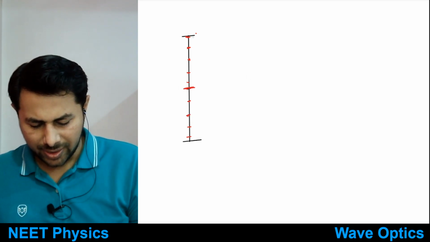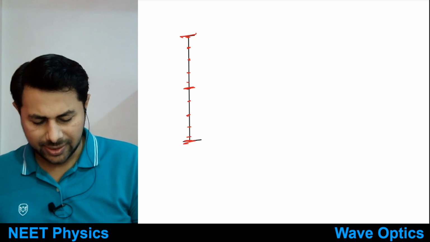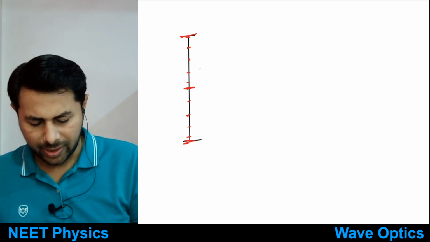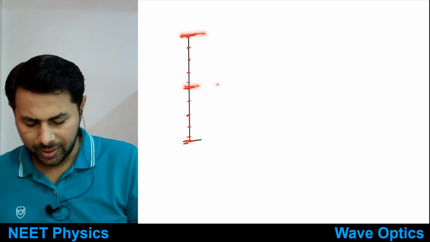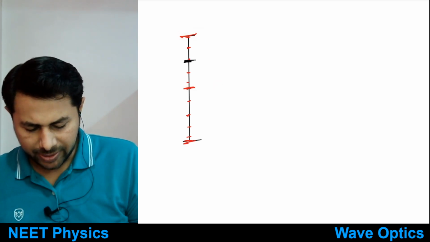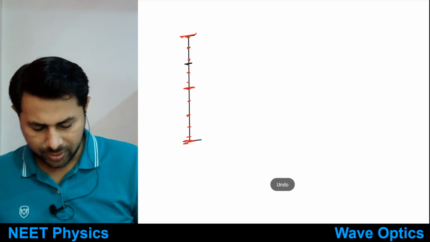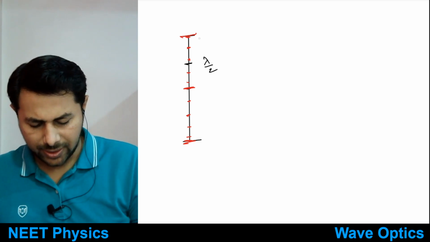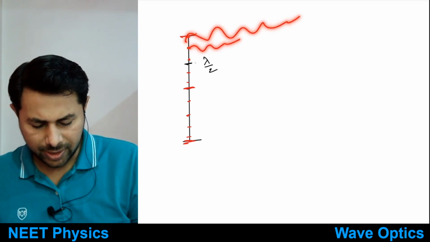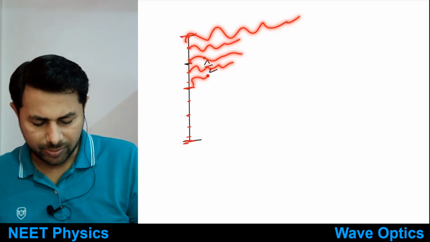So here the path difference between this edge and this edge is equal to 2 lambda. Then the path difference between this and this point would be equal to lambda. Then the path difference between this and this one would be equal to what? Lambda by 2.